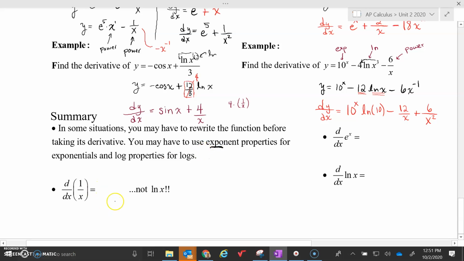So maybe that's not applicable. So anyway, let's do this derivative real quick. The derivative of 1 over x is not ln x. The derivative of 1 over x is negative 1 over x squared. Alright, or negative x to the negative 2. Okay, I don't care which one you memorize, but you better be able to go from that one to that one quickly.